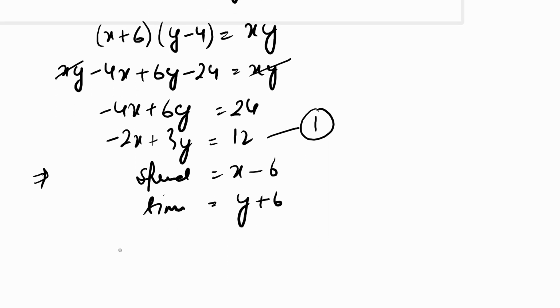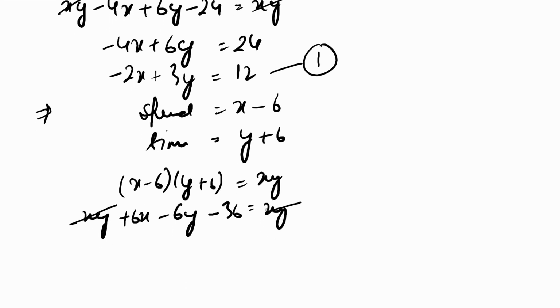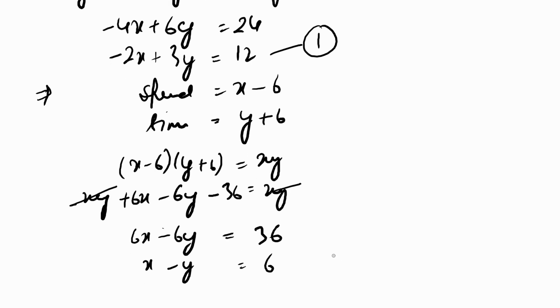So x minus 6, y plus 6 is equal to xy. xy plus 6x minus 6y minus 36 is equal to xy. This will become 6x minus 6y is equal to 36. X minus y is equal to 6.